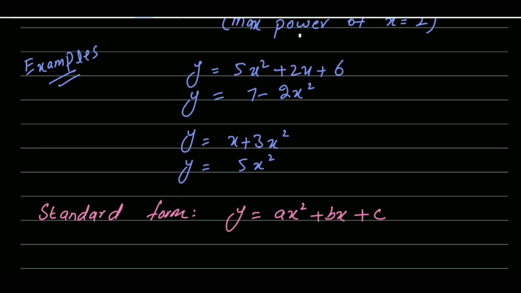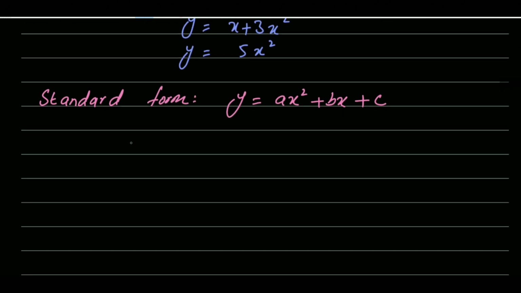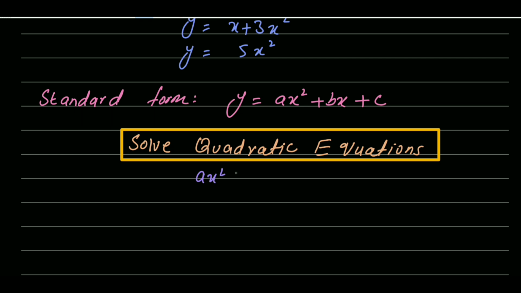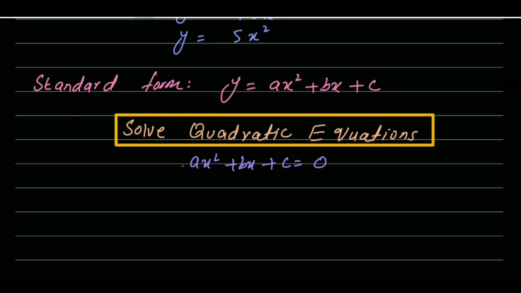How to solve quadratic equations? ax square plus bx plus c is equal to 0. So, how to solve these quadratic equations?